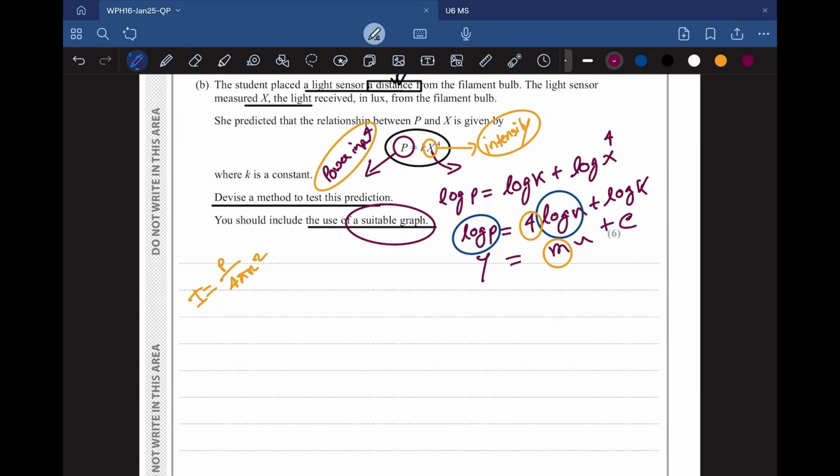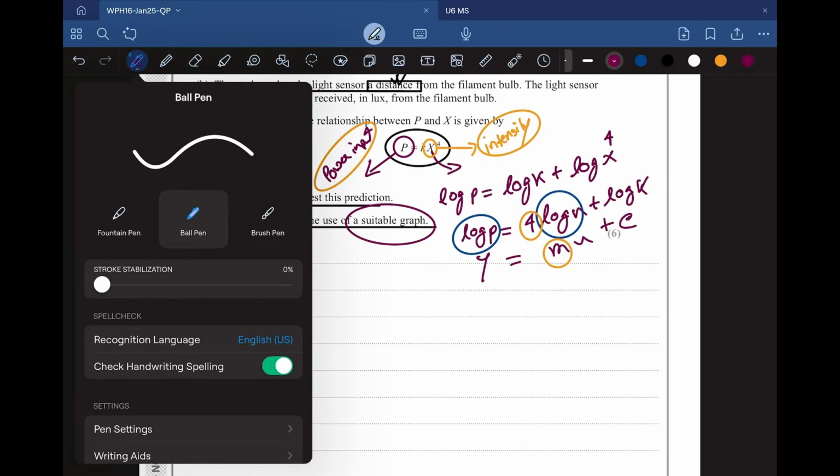To see how the intensity changes when the power input is changed, we'll have to keep one quantity constant, this distance, to look at how the intensity changes when the power is varied, right? This is the main concept.